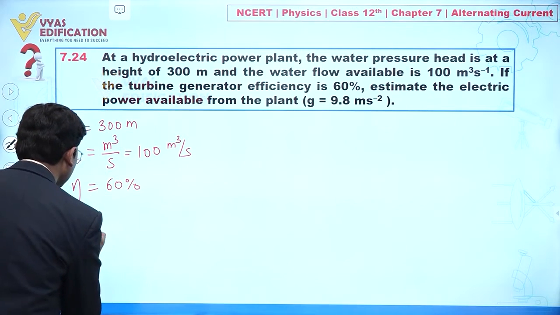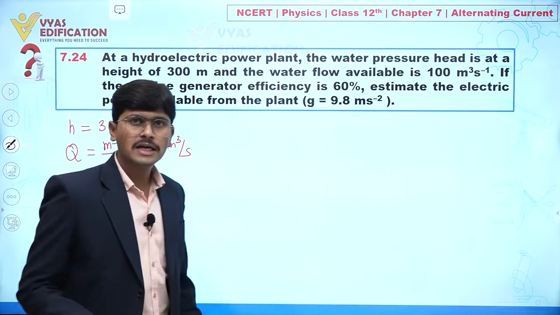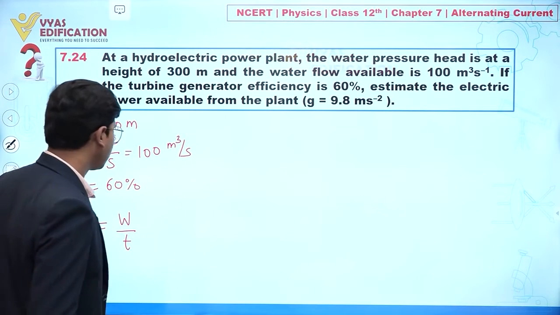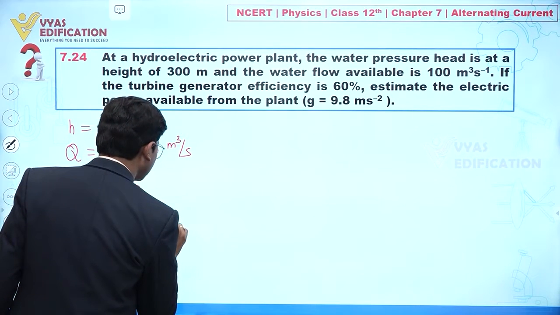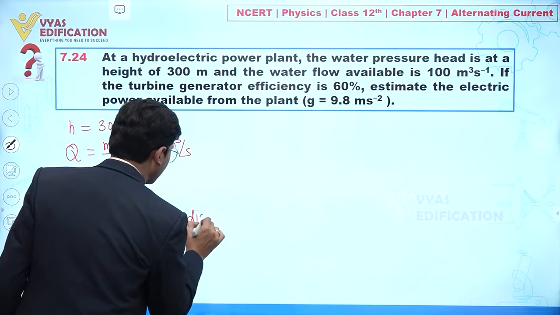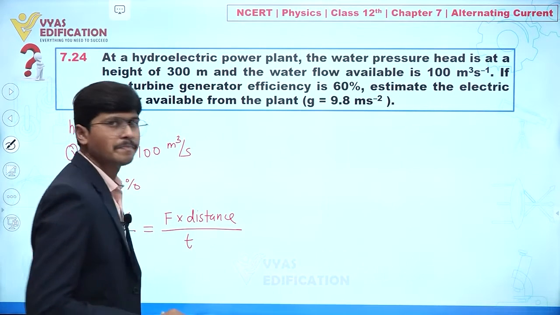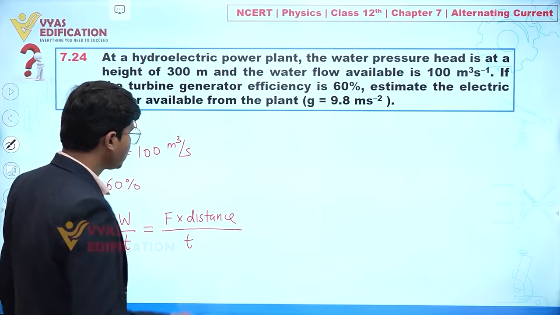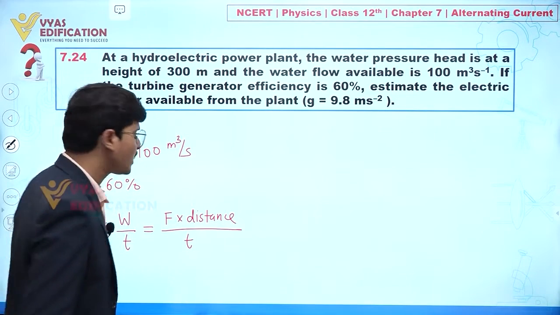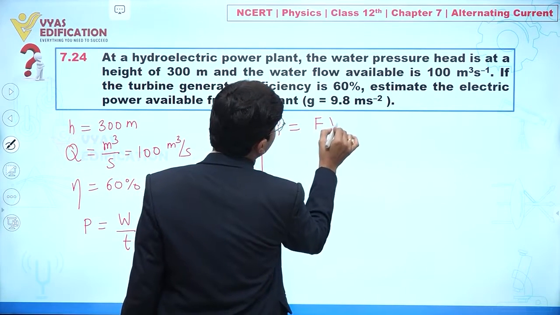So I can say power is given by work done per unit time. Electric power available, power equal to work done per unit time. Work done we can write as force into displacement, divided by time. Distance upon time is equal to velocity. So power is given by force into velocity.